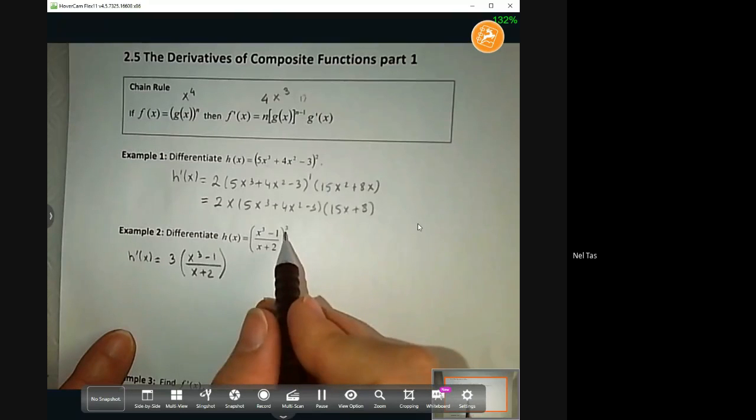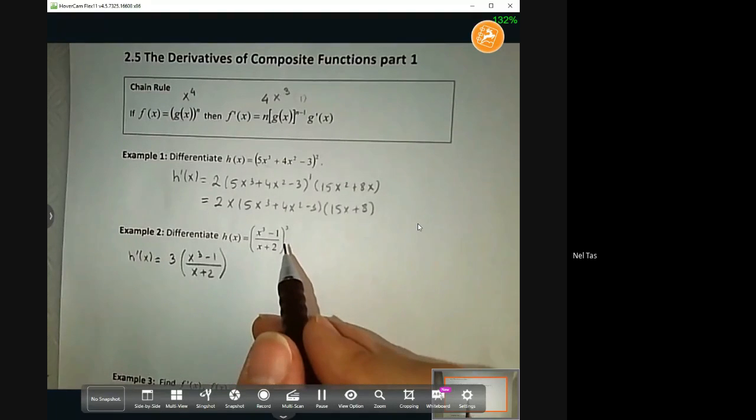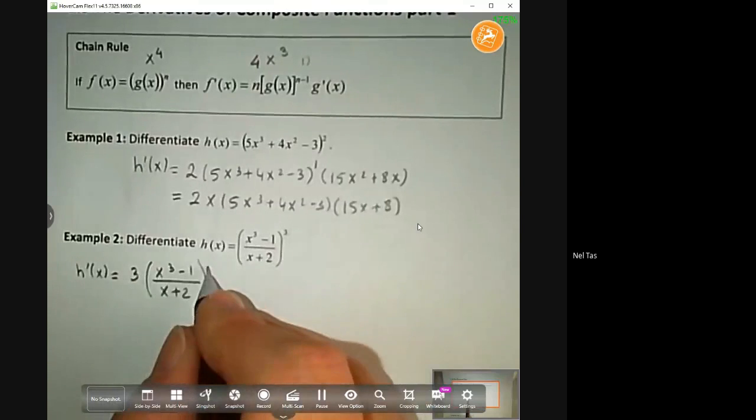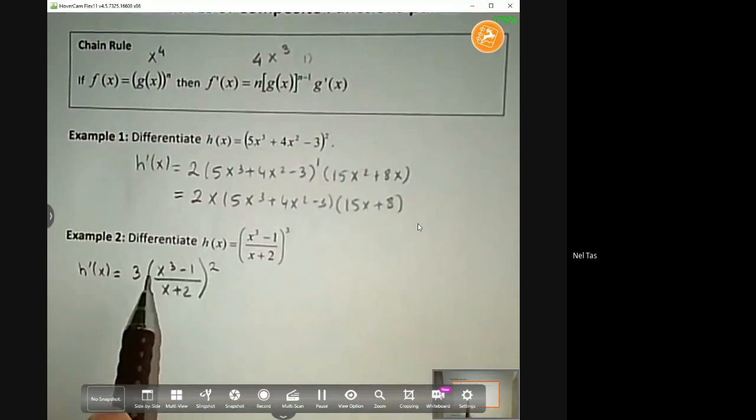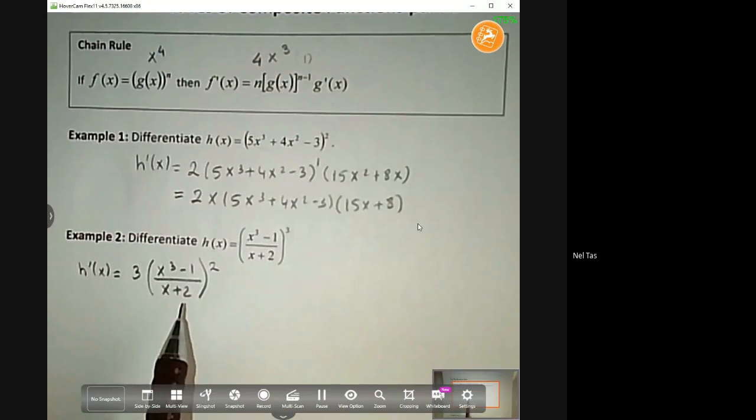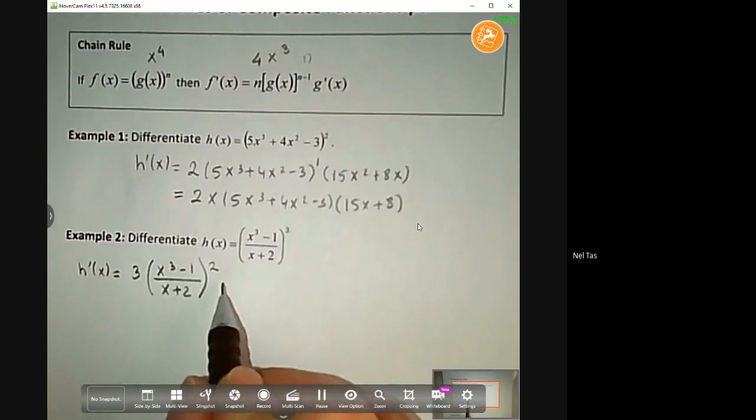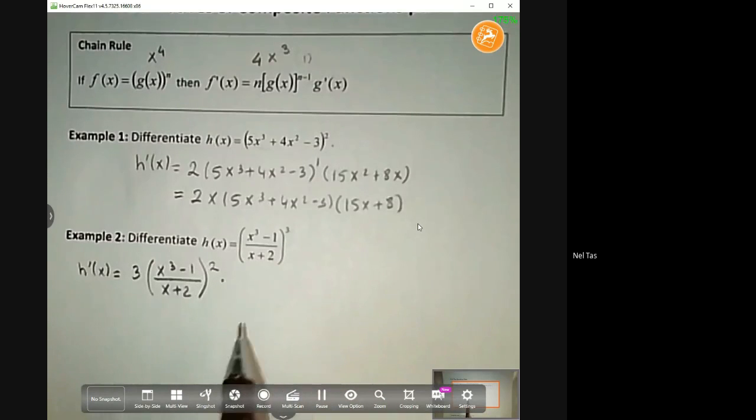Decrease the exponent by 1, so 3 minus 1 gives you 2. Now take the derivative of the inside. The inside is a rational function, so you have to use the quotient rule to take the derivative of the inside. In 2.4, we learned how to use the quotient rule.